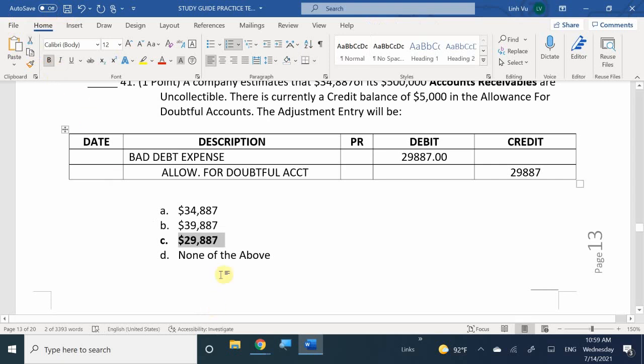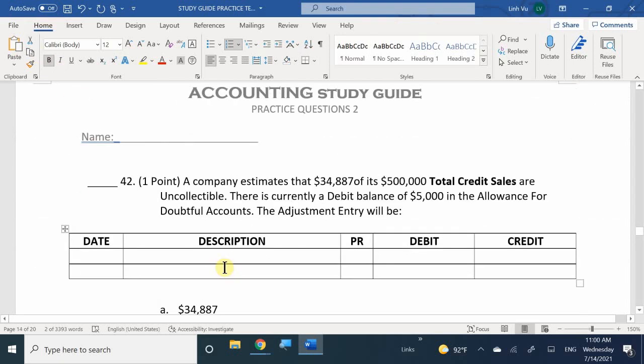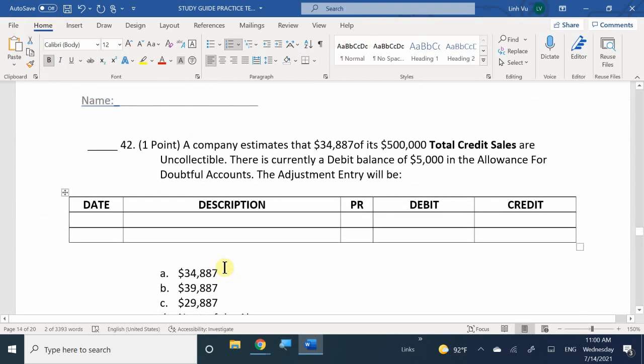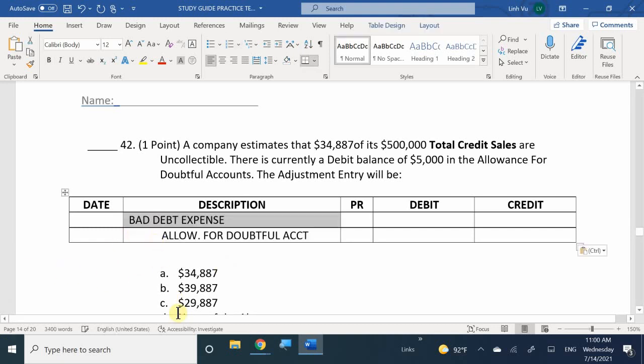Last but not least, I'm going to test you one more time. The company estimates that 34,887 of its 500,000 total credit sales is to be uncollectible. There is currently a debit balance of $5,000 in the allowance for doubtful accounts. The adjustment entry will be... once again, we see the words total credit sales.